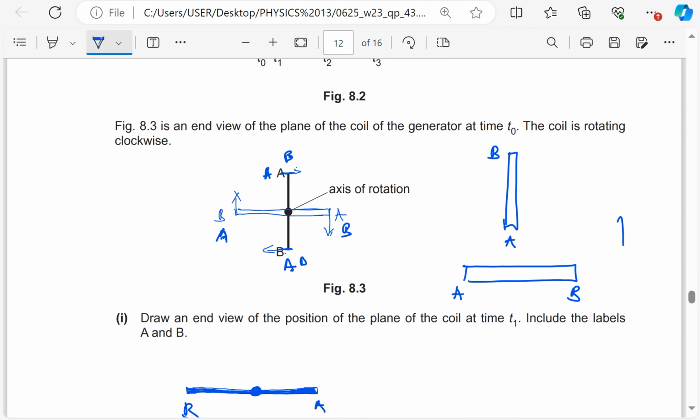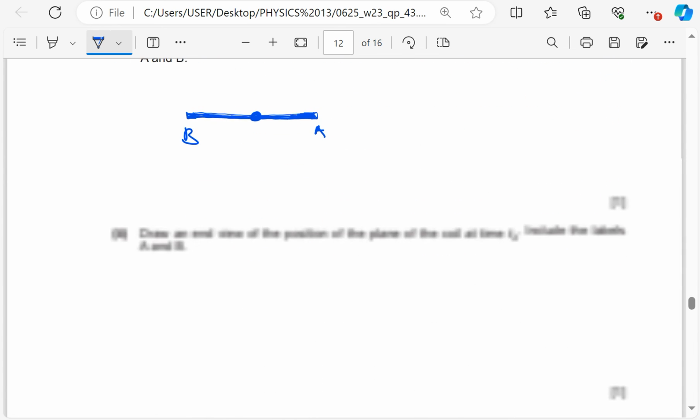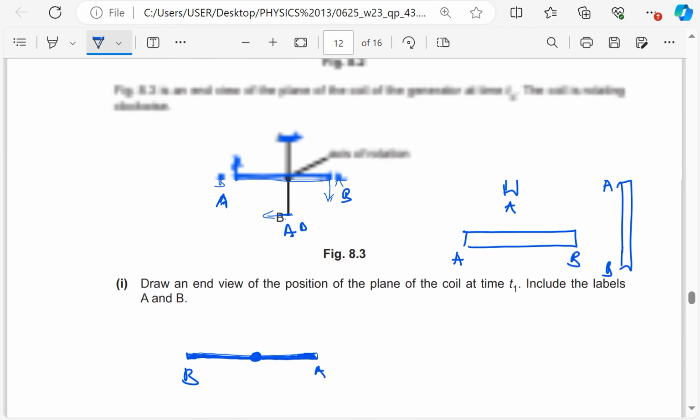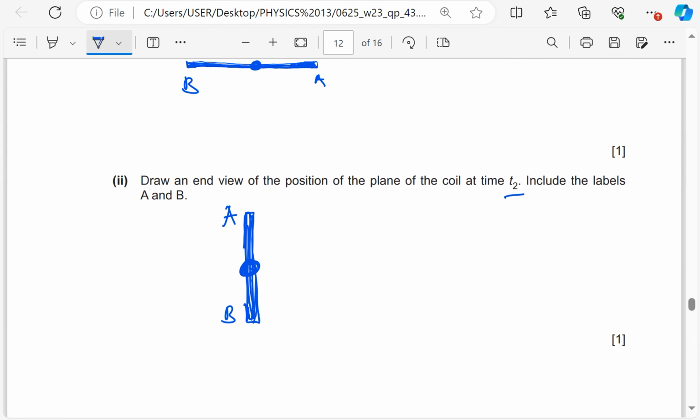T2, again, we come back to the full cycle. A reaches the top and B will be at the bottom. So this is going to be something like this. A will be at the top and B will be at the bottom. We shall now come back to the same position as before, that is after one complete cycle.